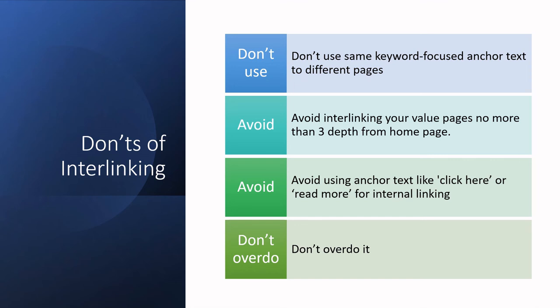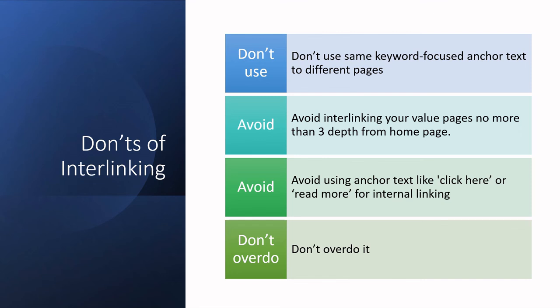And avoid using anchor text like click here or read more on the majority of your links. You can mix it up, but mainly when you are linking within your content, keep the focus on keyword-rich anchor text.